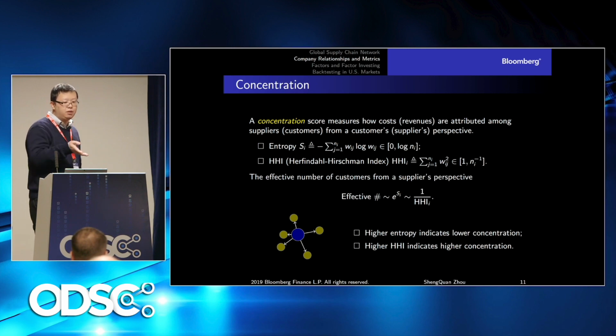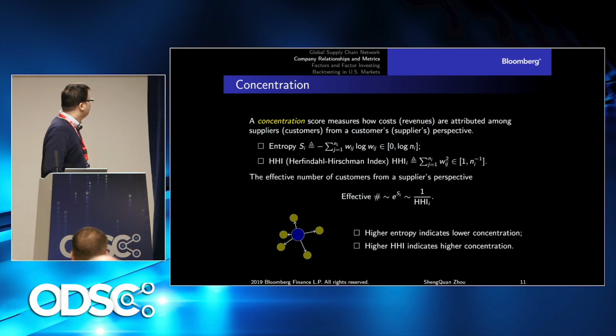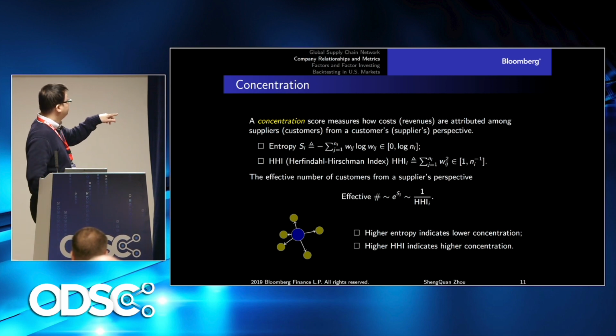We'll talk about several kinds of metrics. For example, the first one is concentration. This is more of a health score. Concentration measures how costs are distributed among the suppliers from a customer's perspective, or equivalently, how revenues are distributed among customers from a supplier's perspective. One concentration score is called entropy. It's defined by the relationship weights times the log of the relationship weights, summed over all the customers, for example from the supplier's perspective.